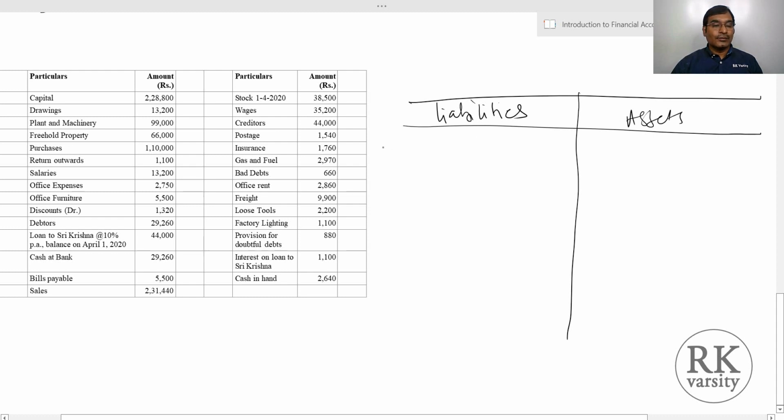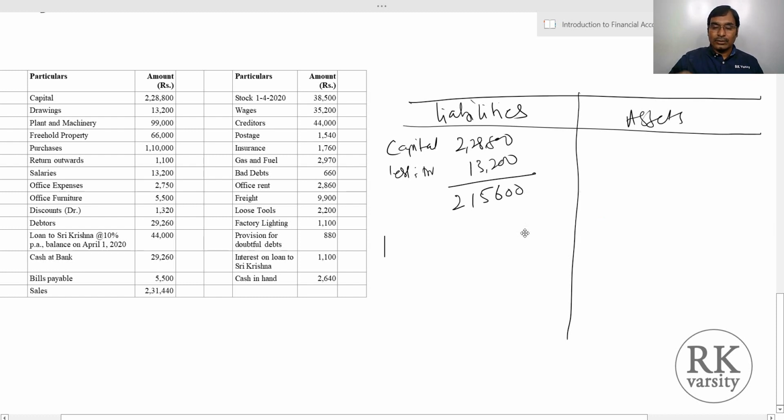So we start with the capital. Capital is 2,28,800 less your drawings, that is 13,200. So this gives you 2,15,600.